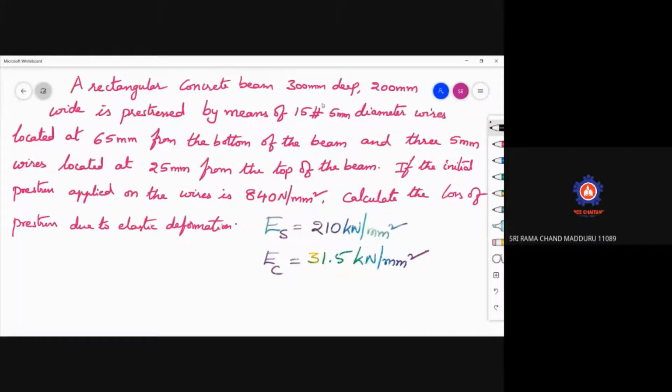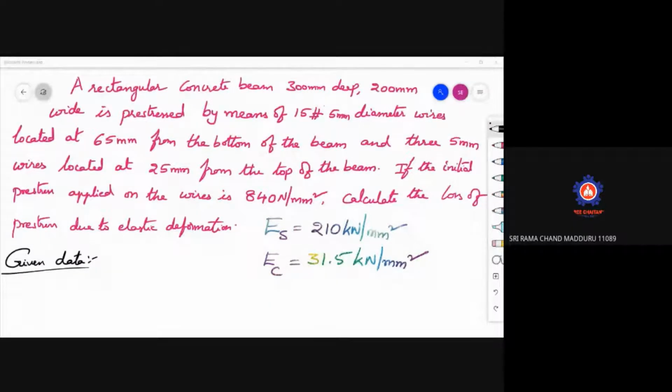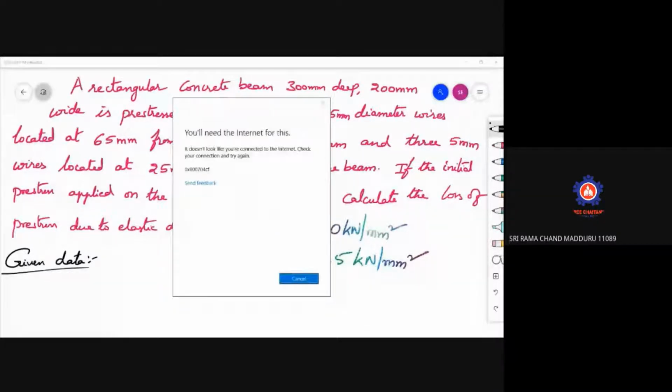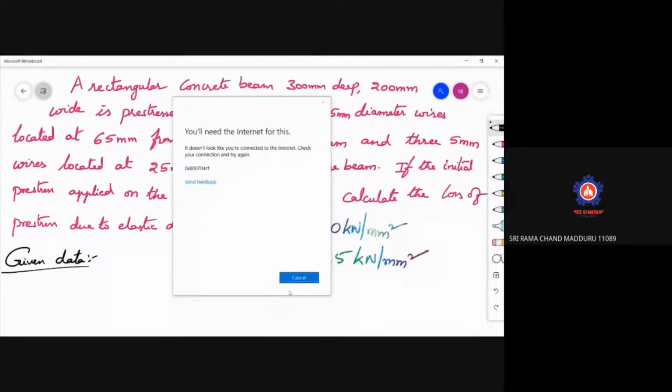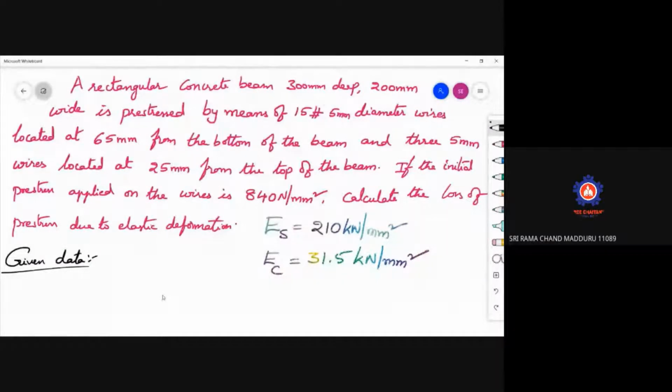Now with this, first of all write down the given data. So what is the first one?